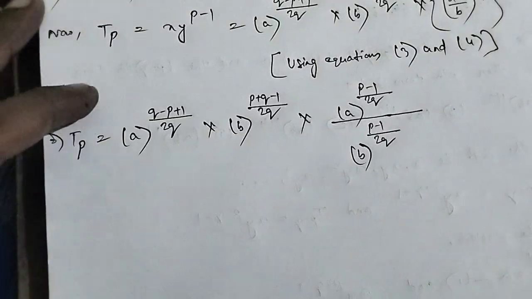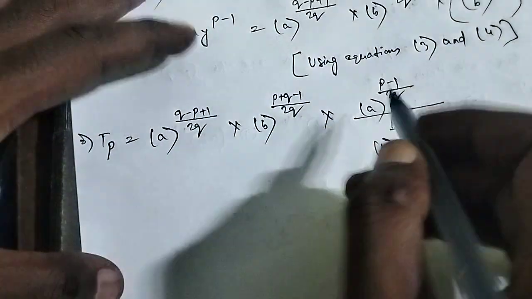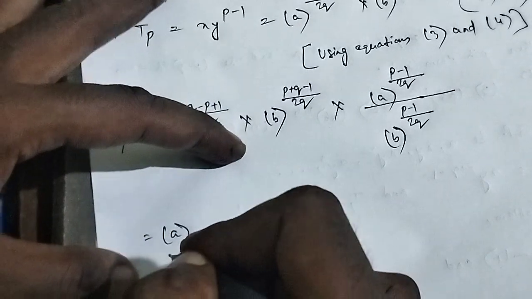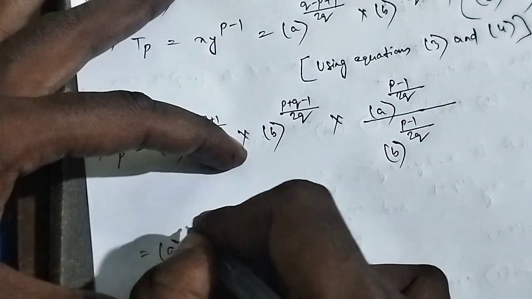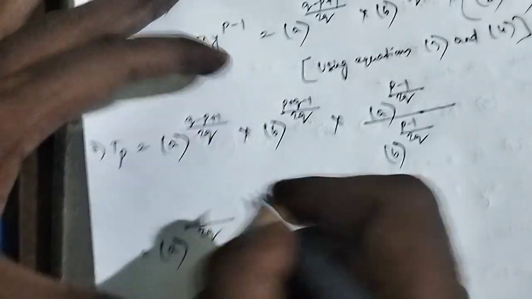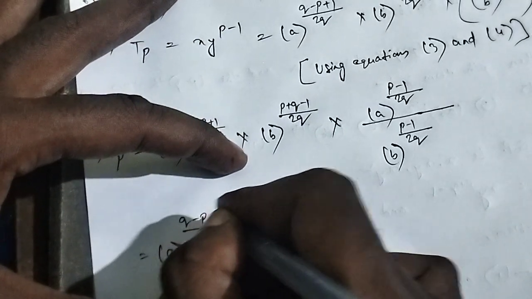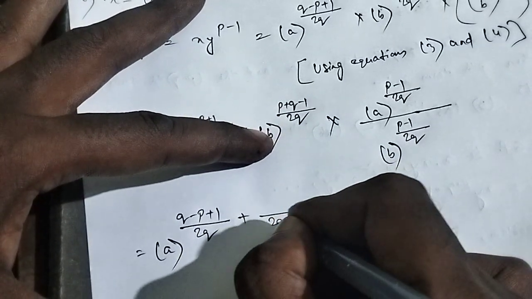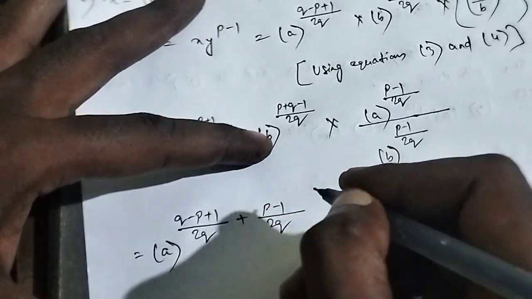Okay, we know power gets added in case of multiplication when the base is same. So it would be A to the power q minus p plus 1 plus p minus 1 by 2q. Okay.